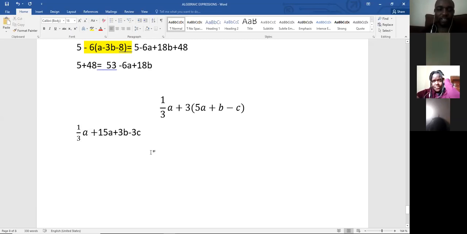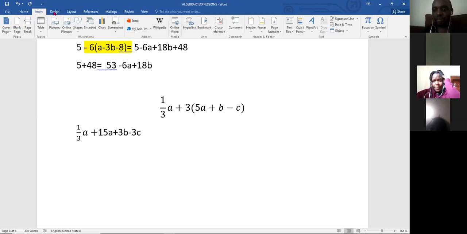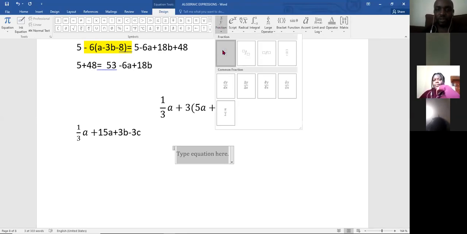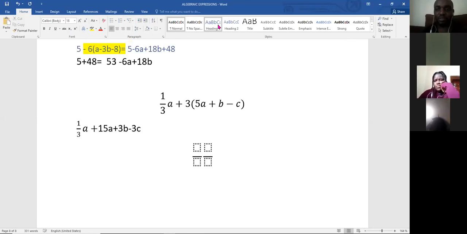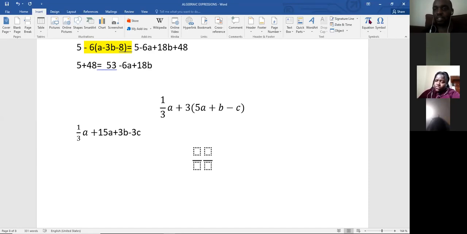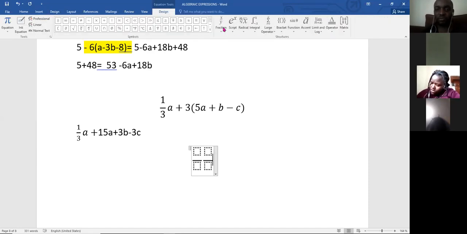How do you simplify a fraction and whole numbers? I said for you to simplify a fraction and whole numbers in a simple way, assume all of them are fractions. So even the whole numbers, we are going to make them fractions.